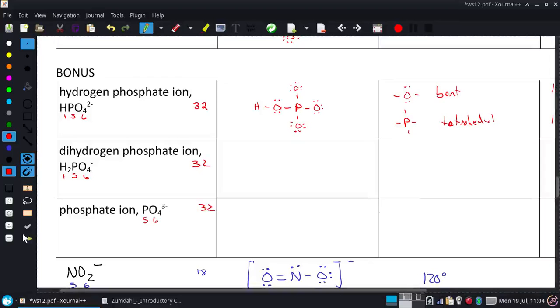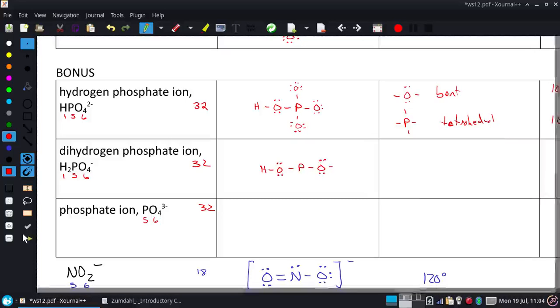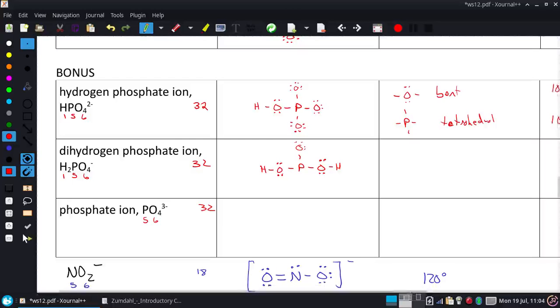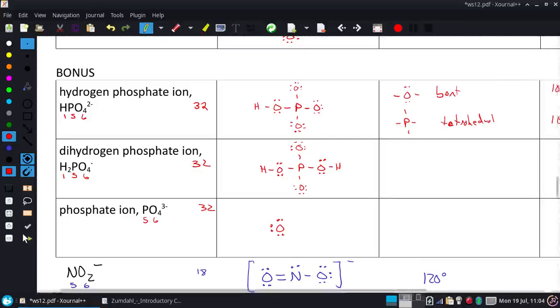And all we're going to see that's different on this second one is we're going to have another hydrogen off there. On this one, we're just going to have one fewer oxygen from that top one. So instead of having that line, I'm going to have a lone pair.